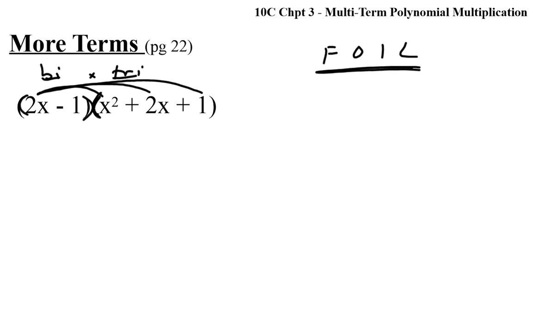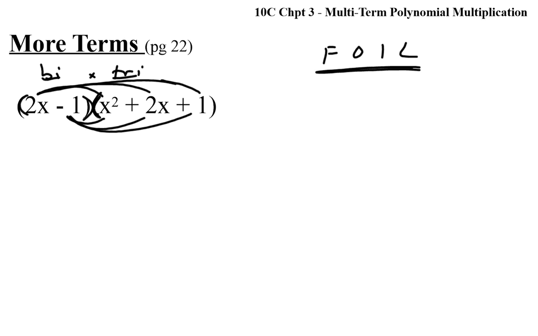So instead of just multiplying it by 2 terms as if it was a binomial times a binomial, we have to make sure that it does multiply by all 3 terms. And then this -1 also has to multiply by every term in the other polynomial.